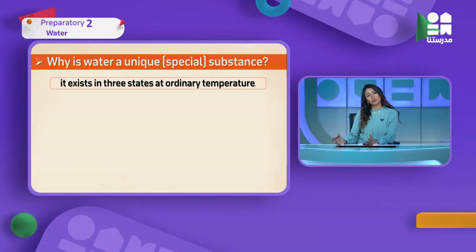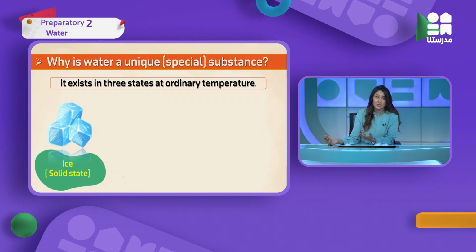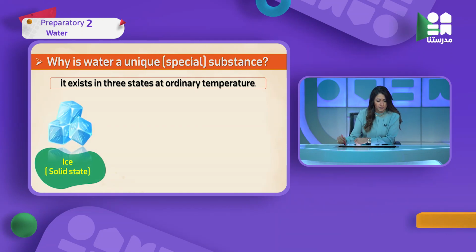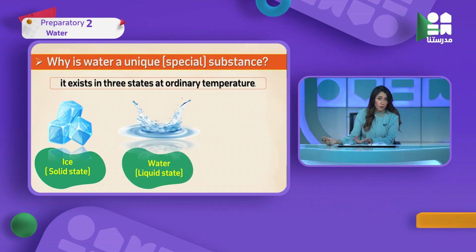ايه اللي بيميز الووتر عن بقيه الكومباوندز؟ الووتر in ordinary temperature هو السبستنس الوحيد اللي بيبقى موجود in the 3 states of matter. ايه هم ال 3 states of matter؟ solid, liquid, and gas. We can find this special compound in a form of ice in ordinary temperature and in a form of liquid water in the ordinary temperature برضو.